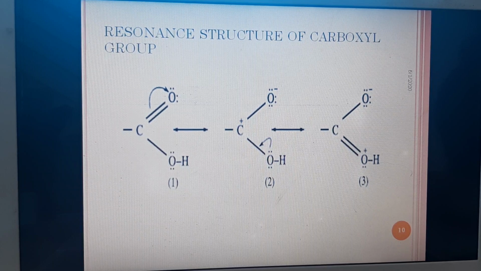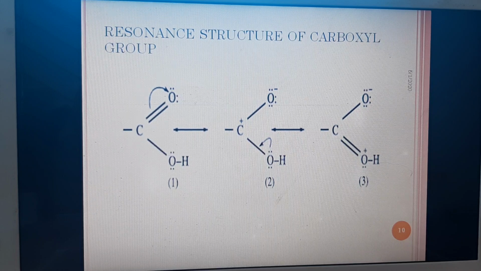But we can see in structure 3, the positive charge of carbon has disappeared, and oxygen gets a positive charge, and the negative charge of the other oxygen is still there as it is. That means the positive charge in the second structure has disappeared in the third structure.